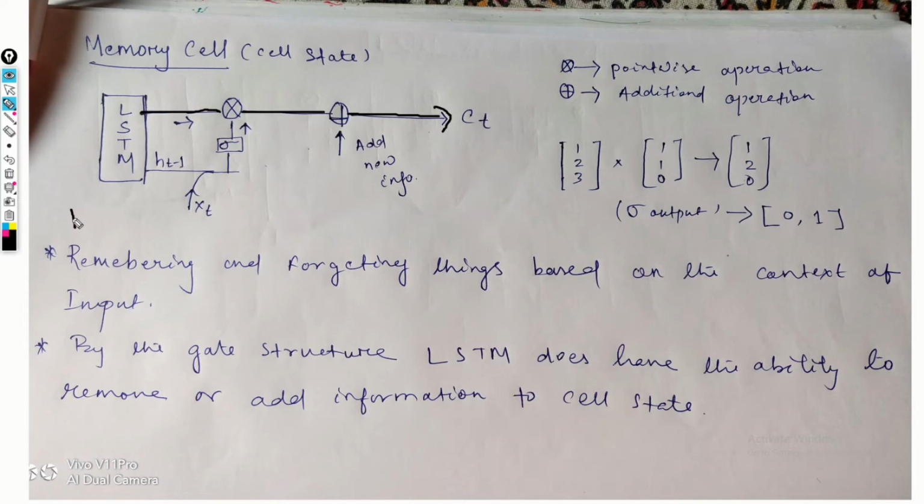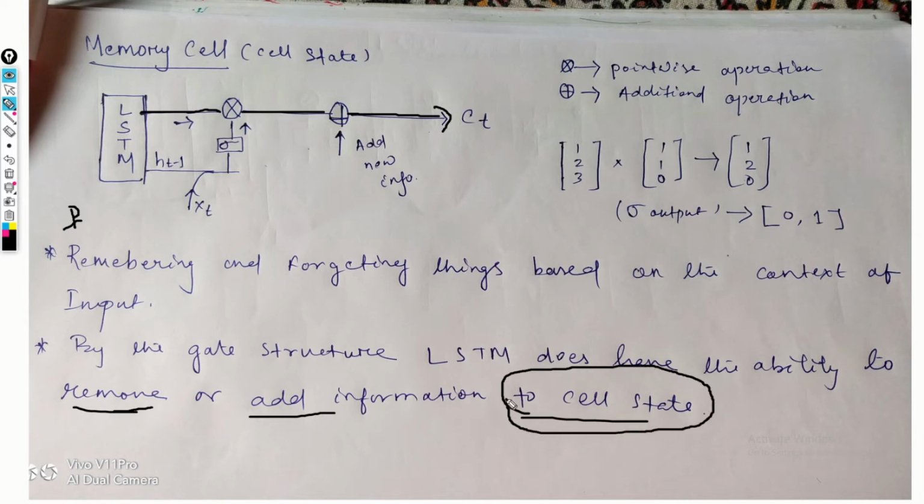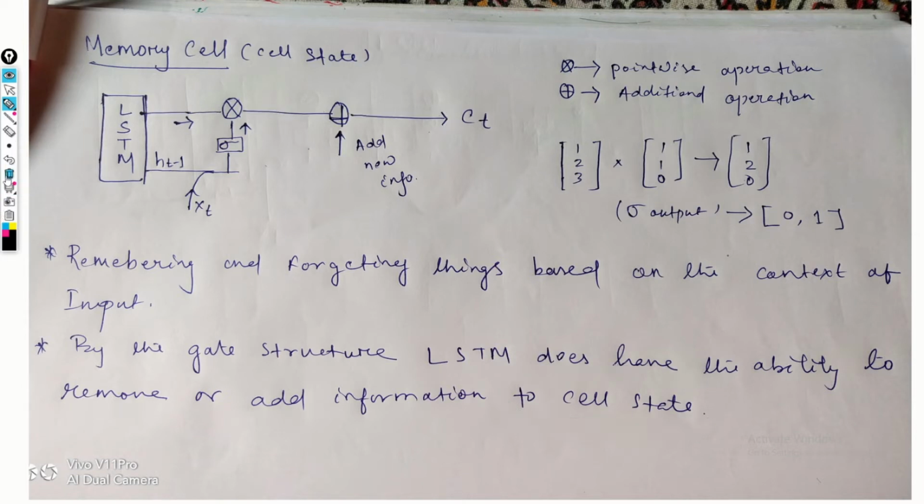Suppose paratha is already saved in memory, and for the next cuisine prediction paratha is not necessary, so it has to be removed. Adding means that when another useful piece of information comes in, it removes the previous information and adds new information. So how does the cell state make this possible? Let's understand. I told you this is the multiplication operation, and this is the addition operation.